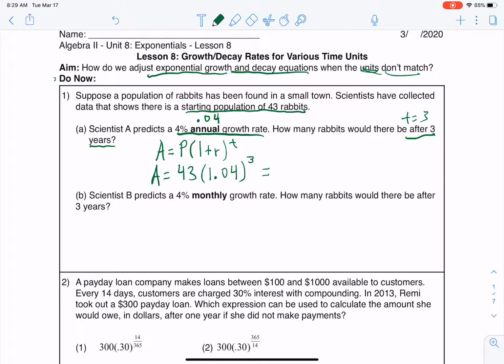I do need a calculator to evaluate this. One thing you could use is your phone. I really like the website Desmos.com because it has a lot of good graphing capabilities and does what our calculators can do.